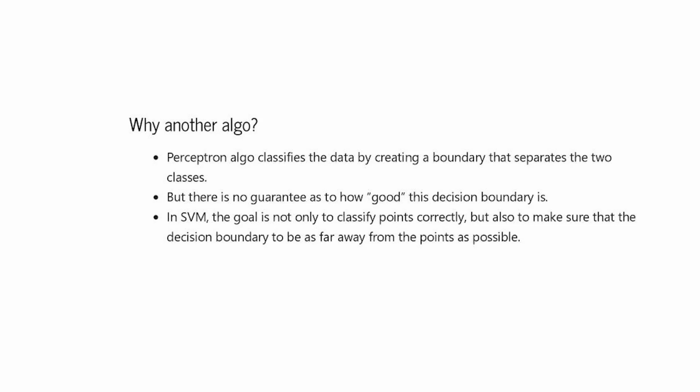Logistic regression, on the other hand, tries to find a sigmoid curve that best classifies the points. In each of these algorithms, there is no guarantee as to how good the decision boundary is. SVM takes the idea of classification a bit further by guaranteeing the best decision boundary, that is, the decision boundary which is as wide as possible. You will see about this in coming slides.